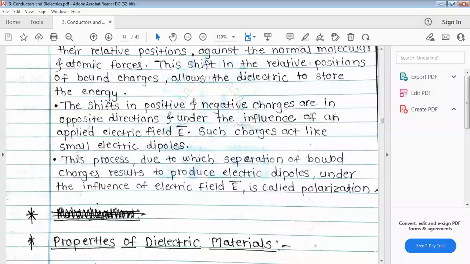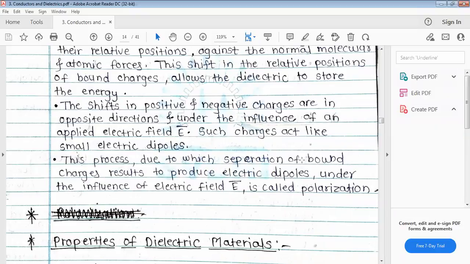So when this shifting happens as we apply the electric field, they make small electric dipoles.